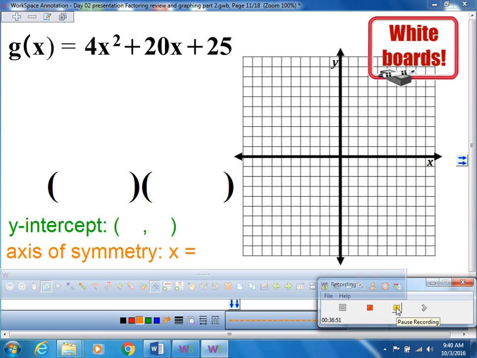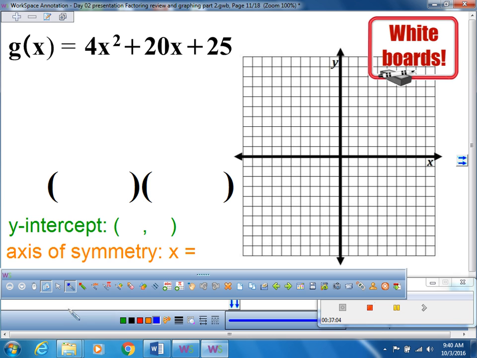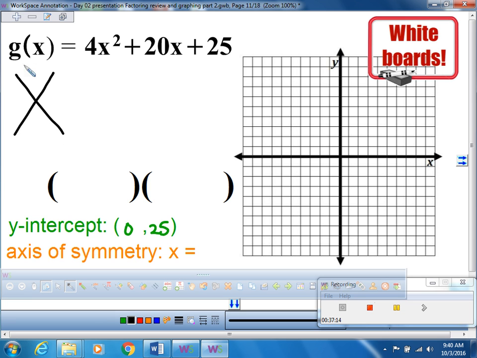Let's record this one. First of all, what do I know for sure right off the bat? My y-intercept is (0, 25), right? Numbers that, when I add, make 20, but when I multiply, get 100. 10 and 10?